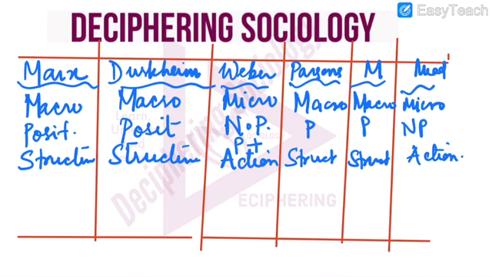When you have this picture before you and then you try to read, you will find it much easier. Marx stress on economy. Durkheim, his main theory was function and social order. You can write function here. Weber was, of course, social action.